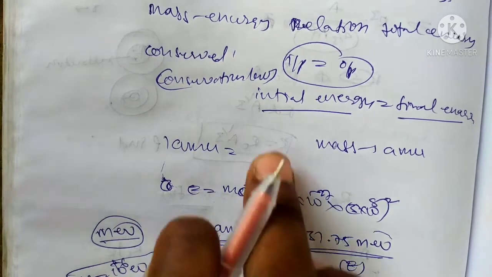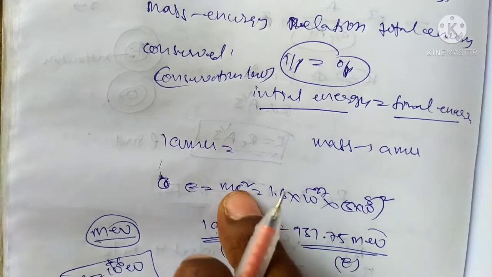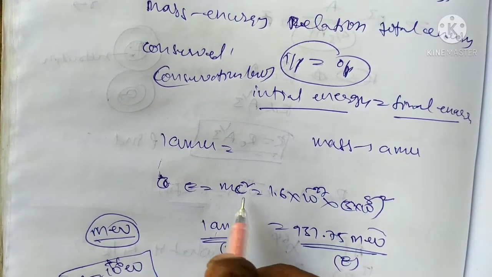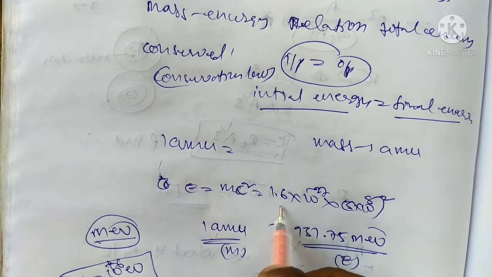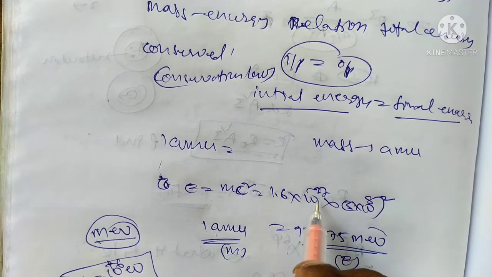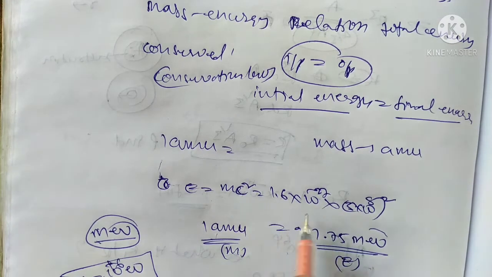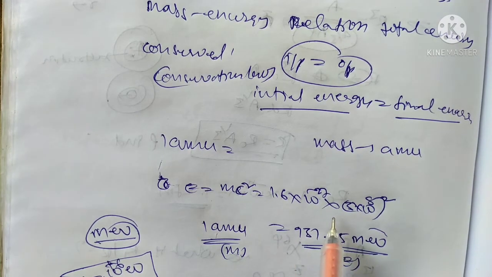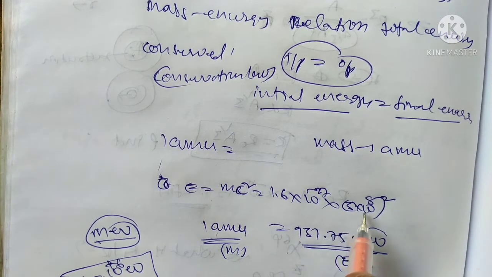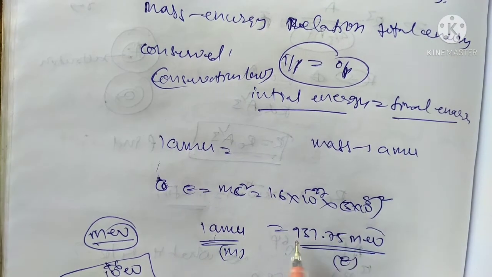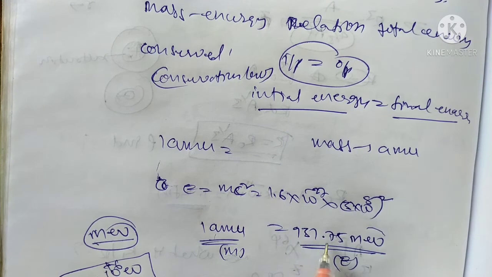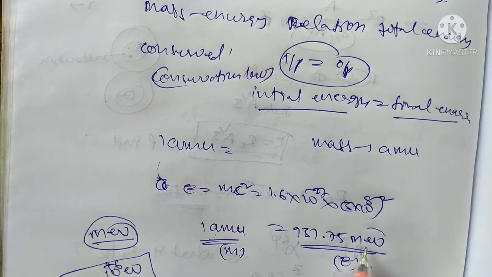Now we discuss one atomic mass unit. According to E is equal to mc square, m is equal to 1.6 into 10 to the power minus 27 kg, and c square, where c is the light velocity, 3 into 10 to the power of 8, squared. We substitute and solve, and we get 931.75 mega electron volts.